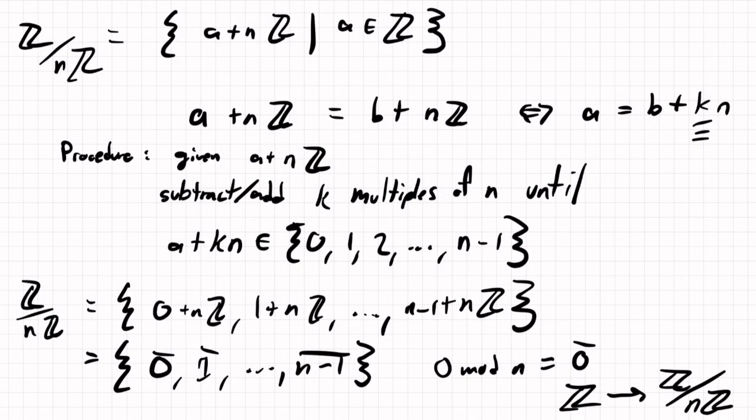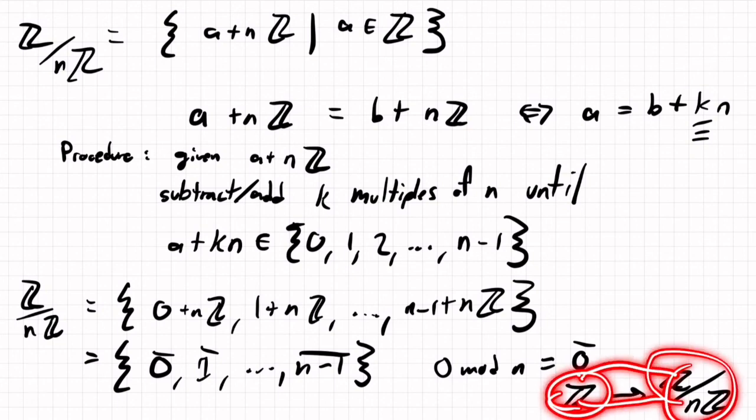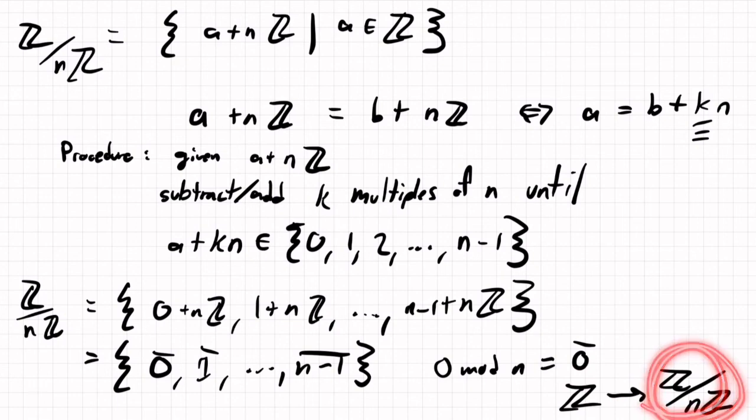So if we want to add two classes in here, we can pull back to here, add them, and then push forward on the map, and we'll get the same thing. That's how we add equivalence classes: by pulling back to where we know how to add, in the integers, and then pushing forward on this map. So that's modular arithmetic.